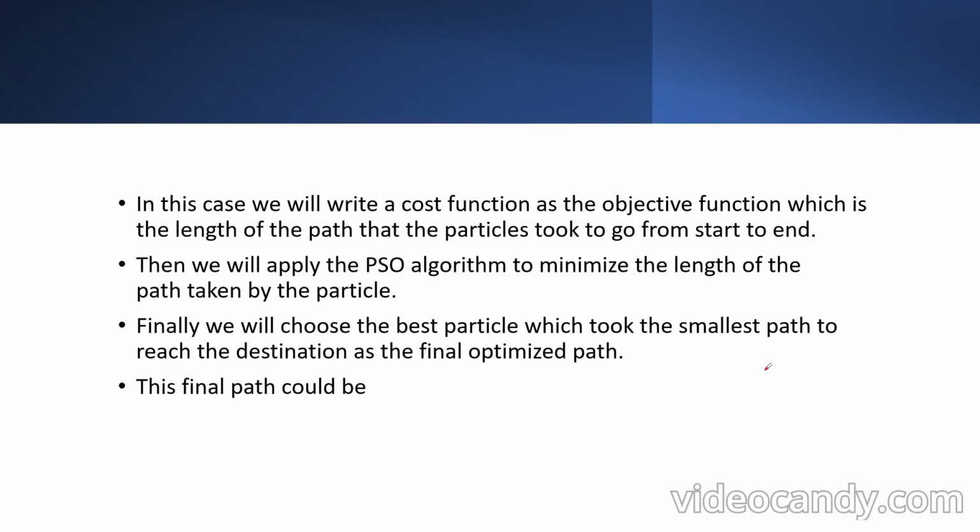And we will write a cost function. So what is a cost function, you may ask? Since our goal is to minimize the path, like take the shortest path, the cost function will be the length of the path it took to reach the end point from the start.